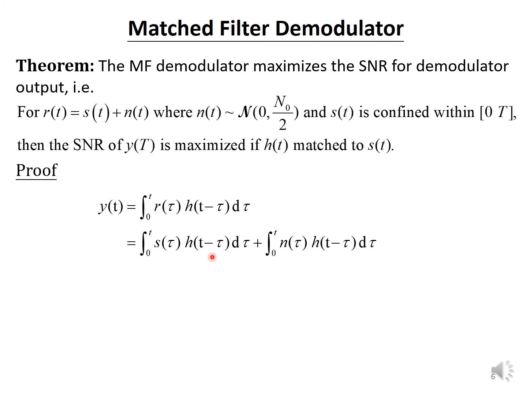Okay, let's look at this receive signal first. This receive signal y(t) is the convolution, right? Again, it is the convolution of the receive signal and the filter h, the matched filter h, and this receive signal contains two parts.